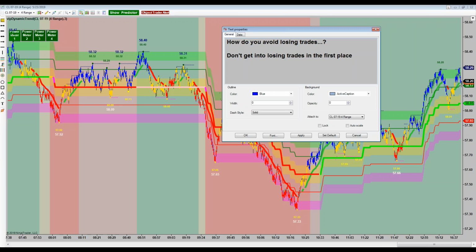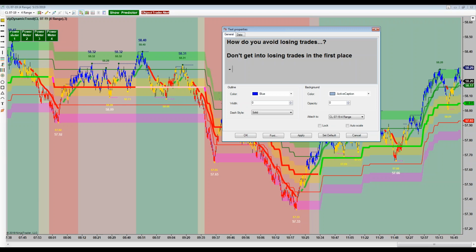Okay, good. Now, I would characterize losing trades in two different, distinctly separate categories. It's characterized in two different ways, and this is a good way to sort of think about this.